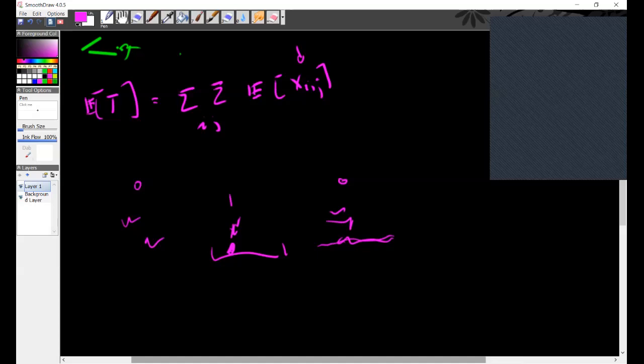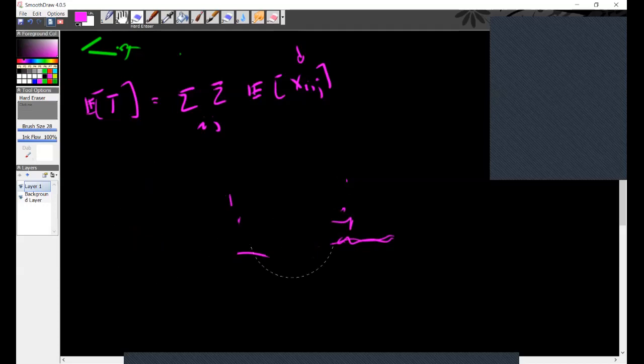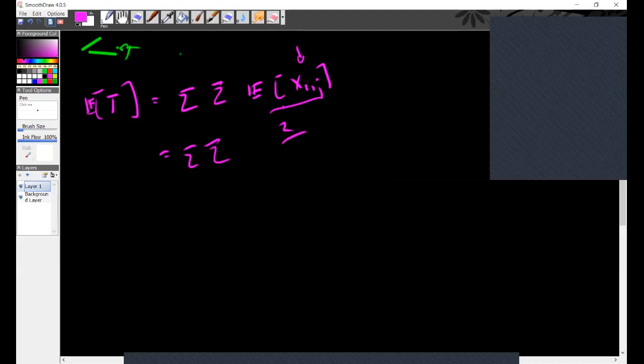We simplified the expectation of Xij to that value. Xij gives you 0 or 1. The expectation of Xij is 2 over j minus i plus 1. So if I were to apply E here, it doesn't mean that it will evaluate to 0, right?